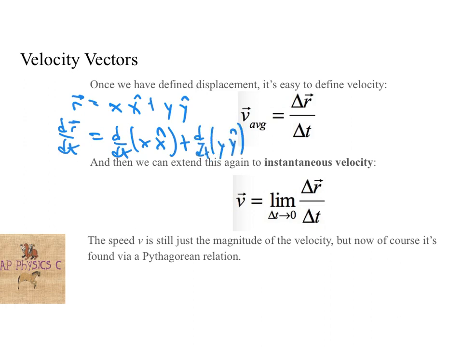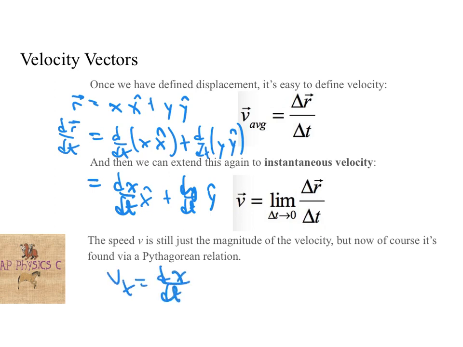But the unit vectors are constant, so they come outside. So now we have just dx dt x hat plus dy dt y hat, and we find that each component is just the derivative of the corresponding component. So that's kind of nice. The components of the velocity vector are the derivatives of the components of the position vector.